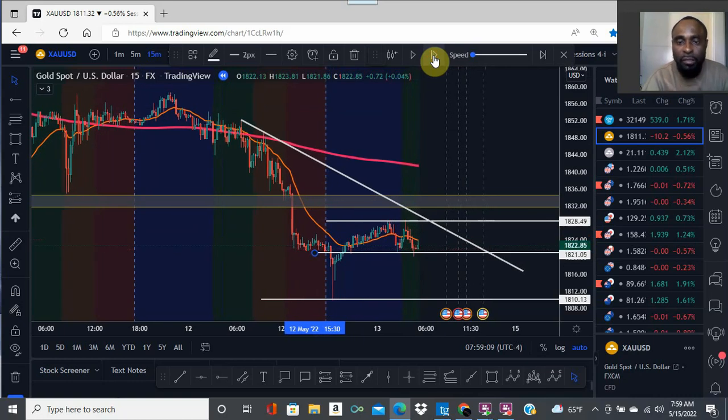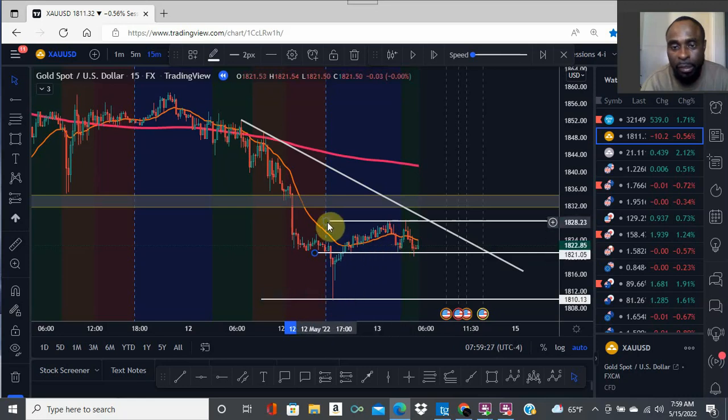So this is trying to give you an idea. As we see here, you want to see price close below it. Now some people like to put a sell stop below this area.